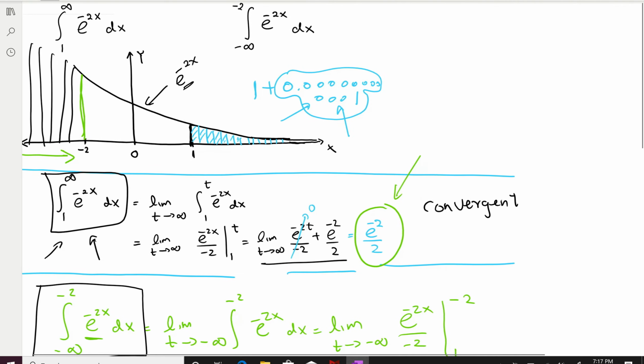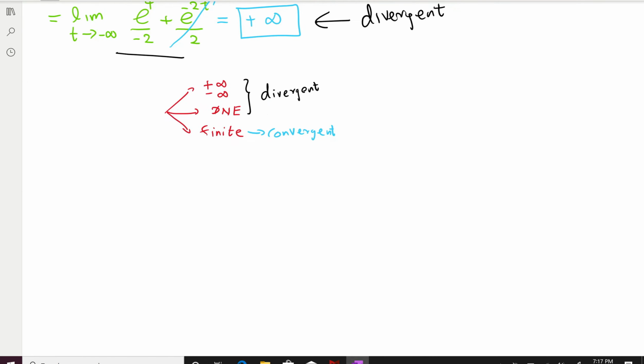If your final answer is infinity or negative infinity, or if the final answer doesn't exist, then your improper integral is divergent. But if you get a nice number, nice means a real number, any finite number, then that means your improper integral is convergent. That means the area exists. That's the area.